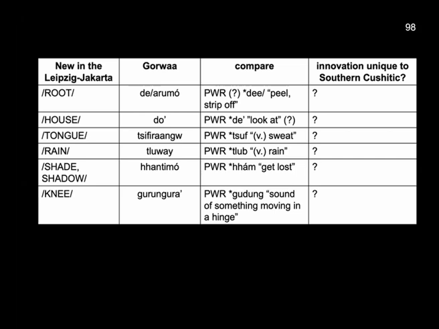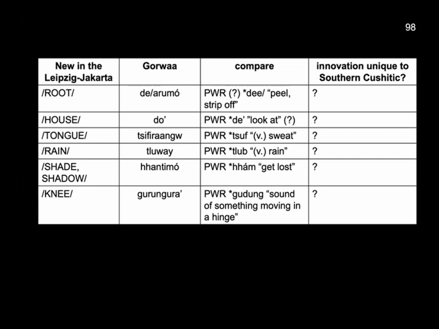This word for house might not seem like it's completely evident, but if we link this to have something to do with cattle herding, this may be associated. Then we have this wonderful connection with the body part form tsiferang, which probably comes from tsufirang. And then we look at this verb form for to sweat. So the tongue is the little sweaty thing in your head, right? I think this is wonderful.